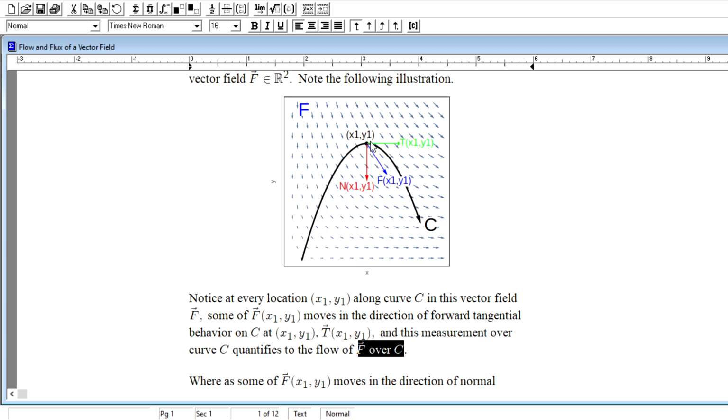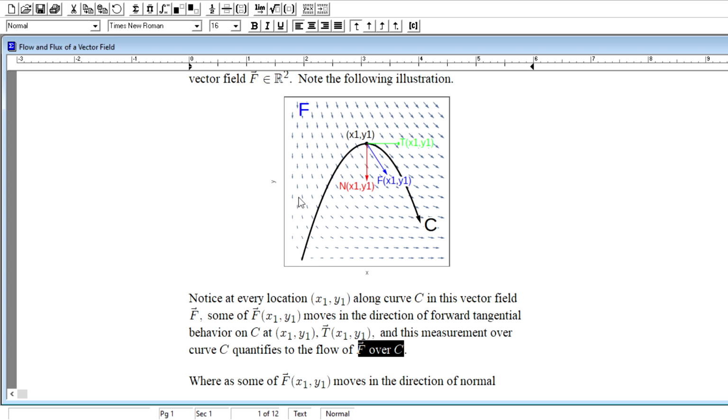Whereas at every single location on this curve C, the field is occurring at those locations. So if we consider being at the location x1, y1 again, some of the field at that location is actually occurring in what we say is the normal direction to the curve.